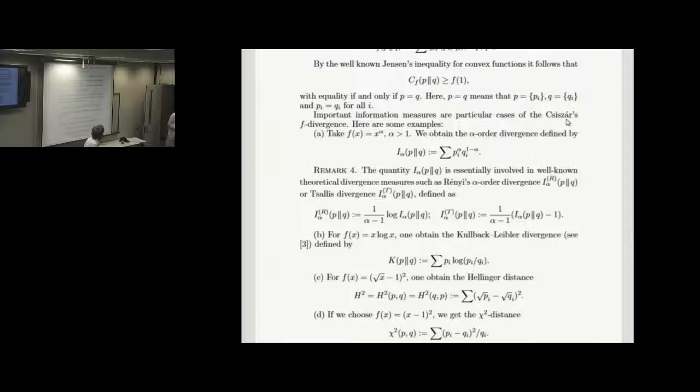Another example, if you put f as this, you obtain the Hellinger distance. The Hellinger distance is also a primary notion in information theory. If you put this, which is also convex, you obtain the chi-square distance. The chi-square distance is very important in economy of services, and so on.